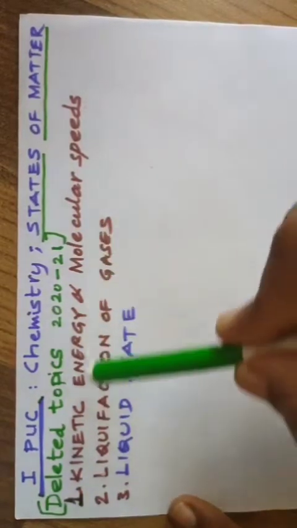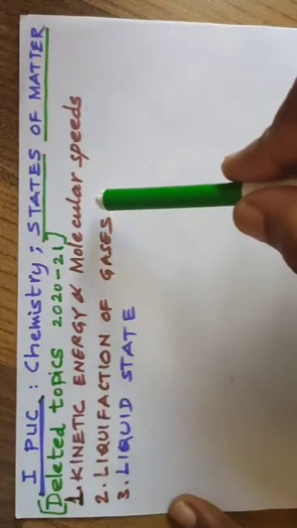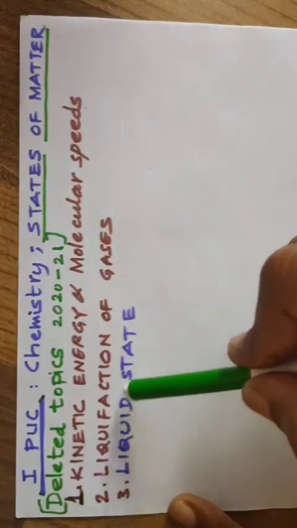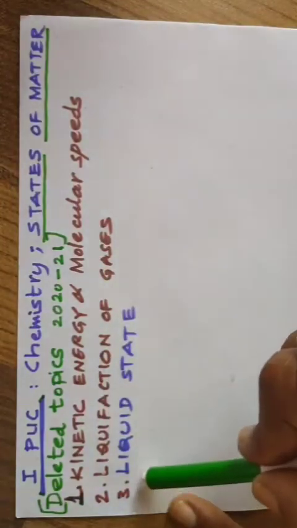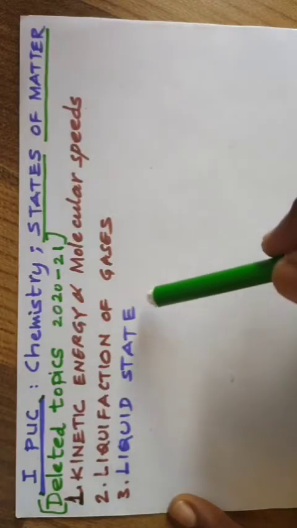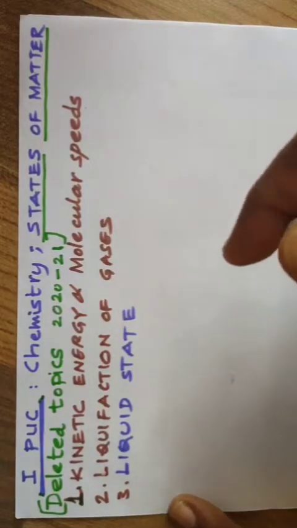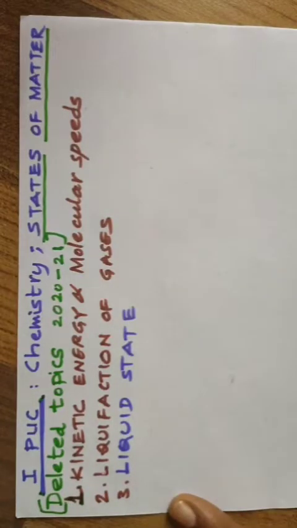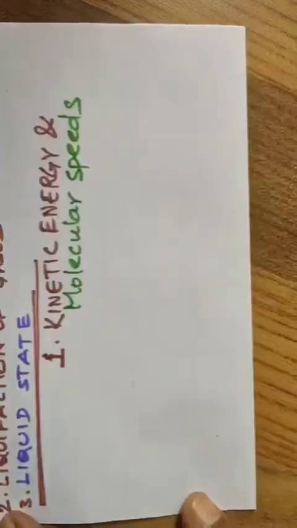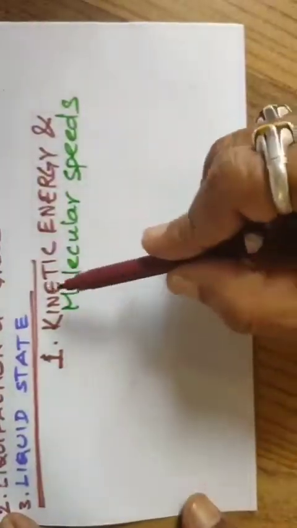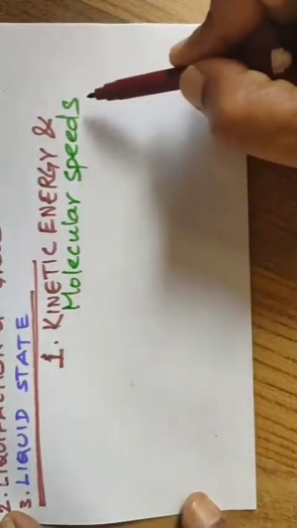First, we have to know the topics: kinetic energy and molecular speeds, liquefaction of gases, and the purely liquid state. After that, in the second year, we will discuss states of matter, under which is the solid state. The first topic is kinetic energy and molecular speeds.